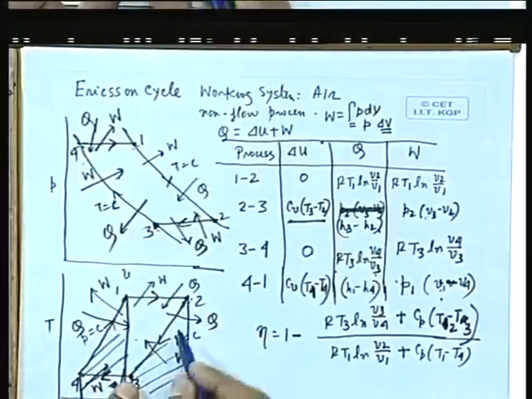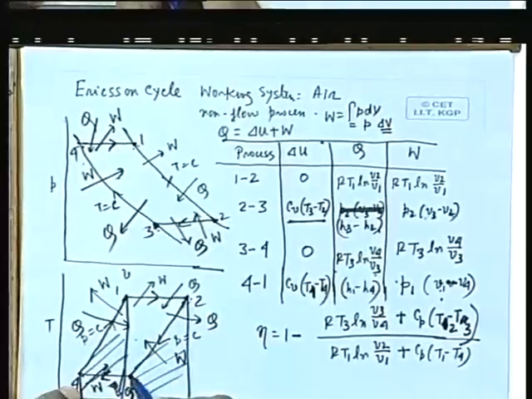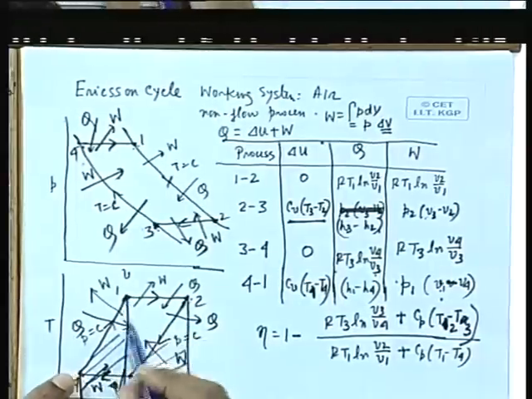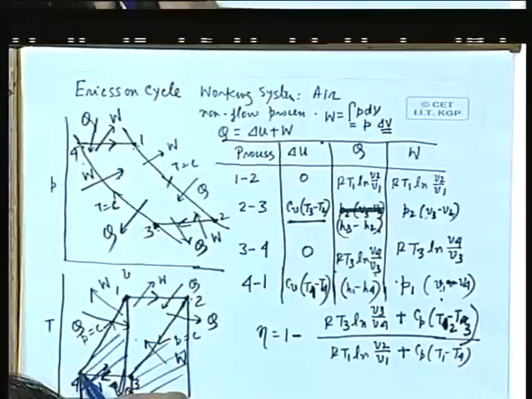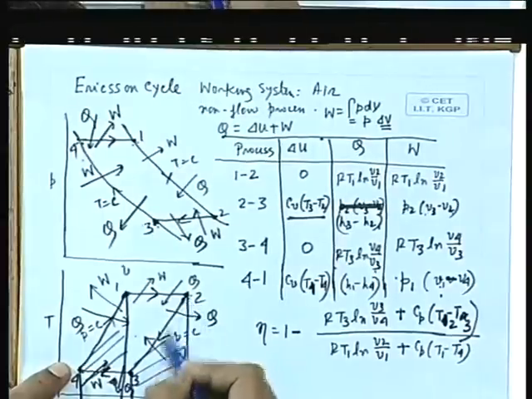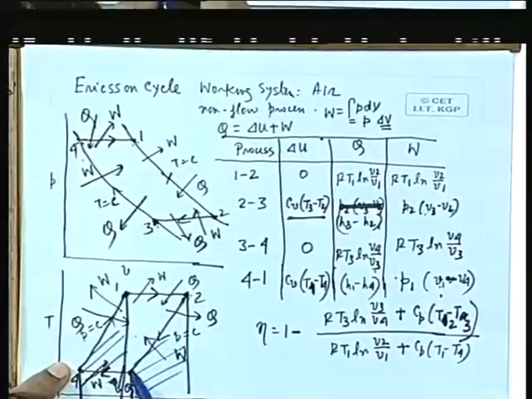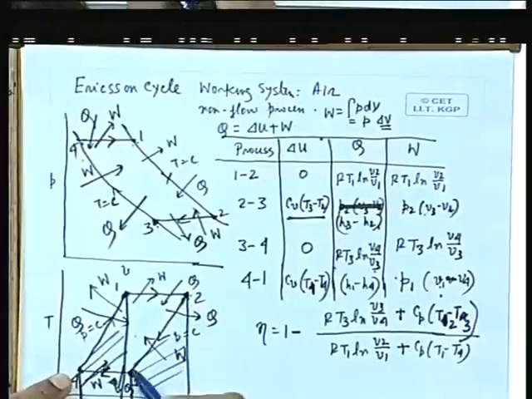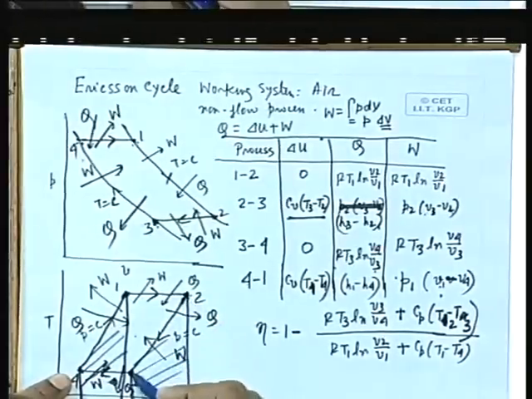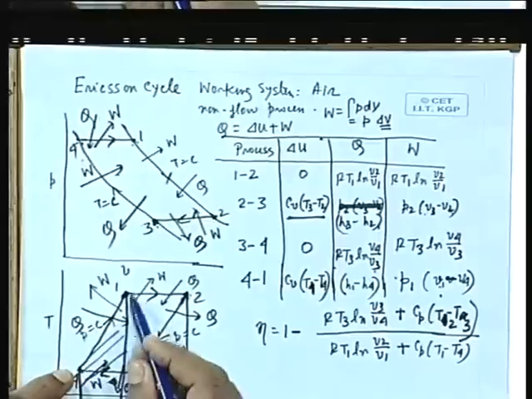That means we use the heat rejected in process 2-3 to heat the working system in process 4-1 completely, so that by taking this heat the working system changes its temperature from T4 to T1, which is the initial temperature of the fluid rejecting heat. This is complete, ideal regeneration: the entire heat transfer of process 2-3 is used for process 4-1.